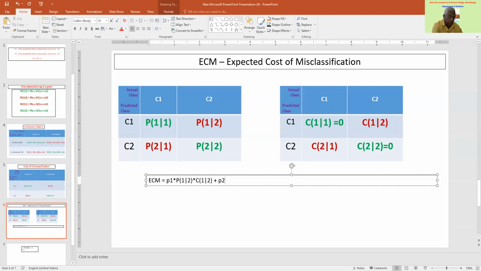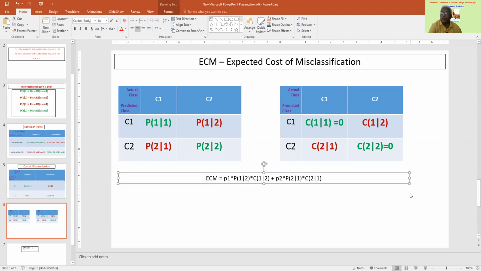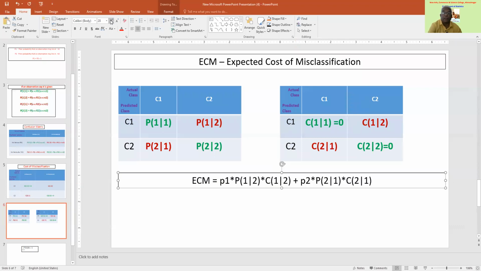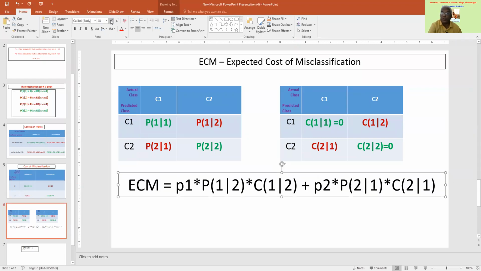P2 is the prior probability. So P of 2 given 1 and C of 2 given 1. This is the cost of misclassification. Try to understand this.